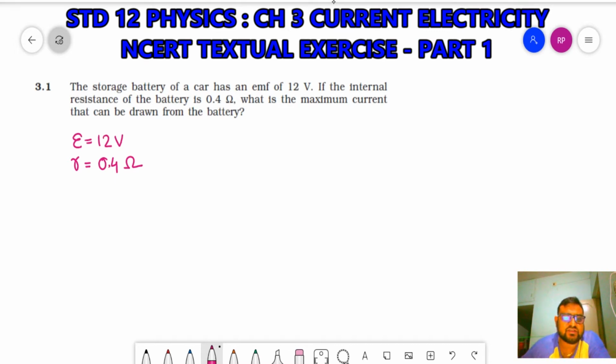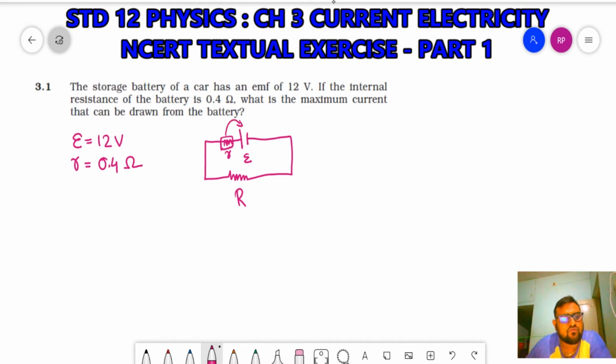Now let's say a battery is connected to a device having a resistance R. So this is the EMF and this is having internal resistance r. This is the internal resistance of this battery.